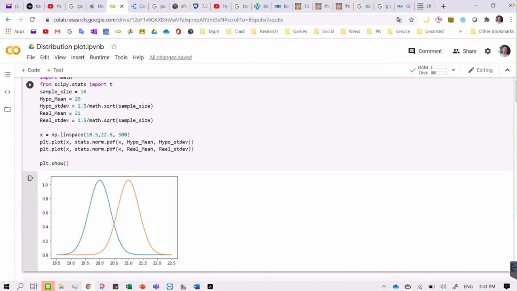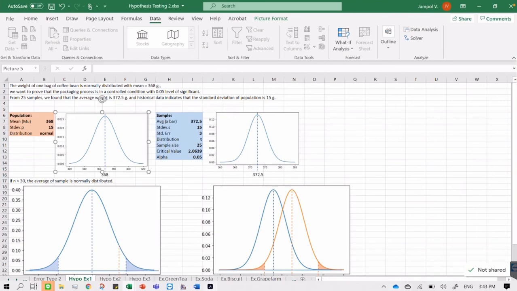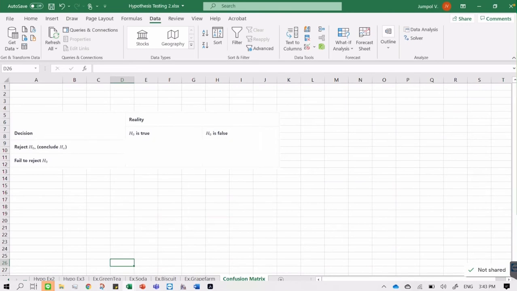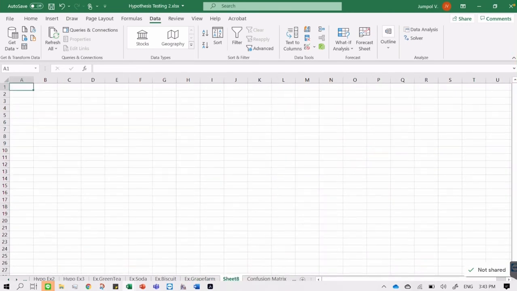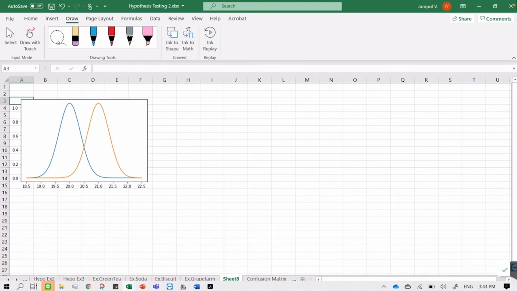If we copy this image and put it over in Excel, we can compute the critical region for alpha.